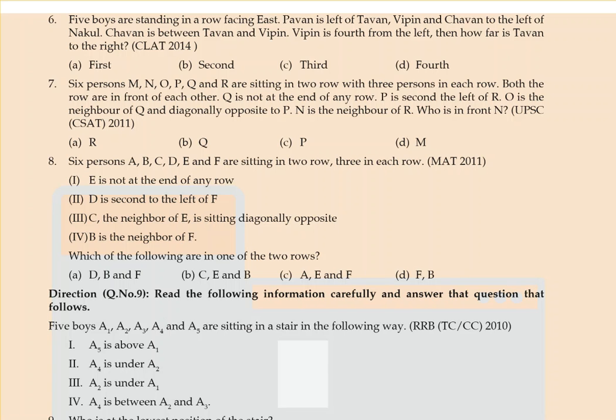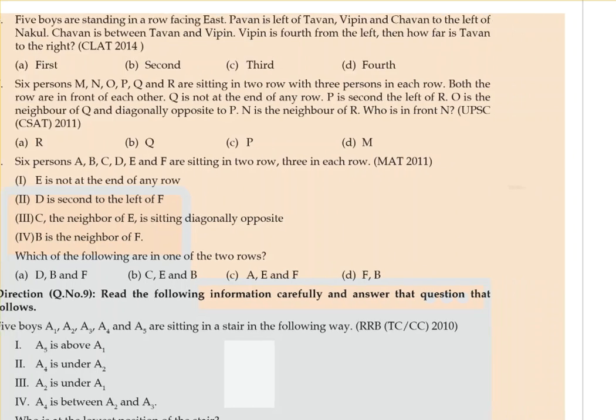Now next. 5 boys are standing in a row facing east. Let me tell you something about directions. North, south, east, west. When they say facing east, that means this direction. So boys are standing like this.